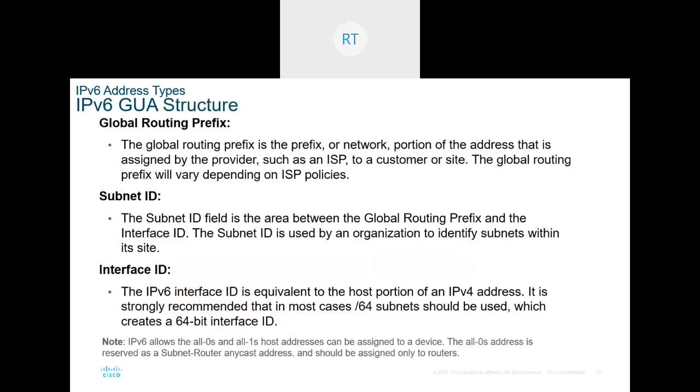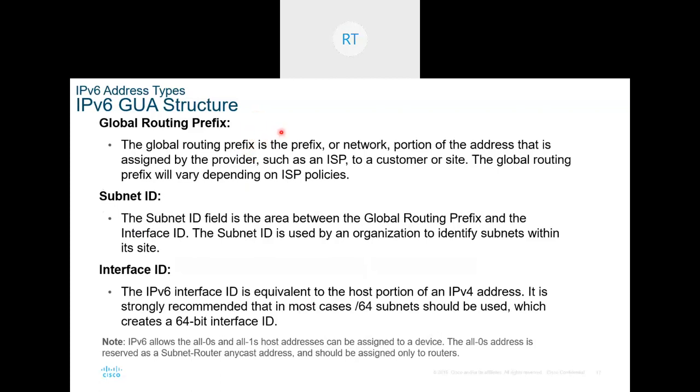So it means when you go to an ISP and you need an IP version 6 address, what the ISP will give you is a global routing prefix, which ideally is going to be a /48.